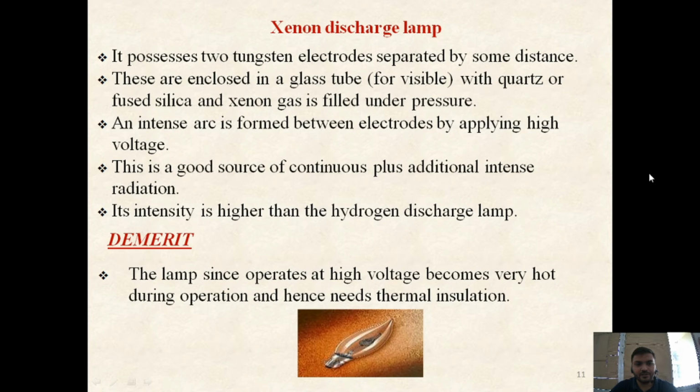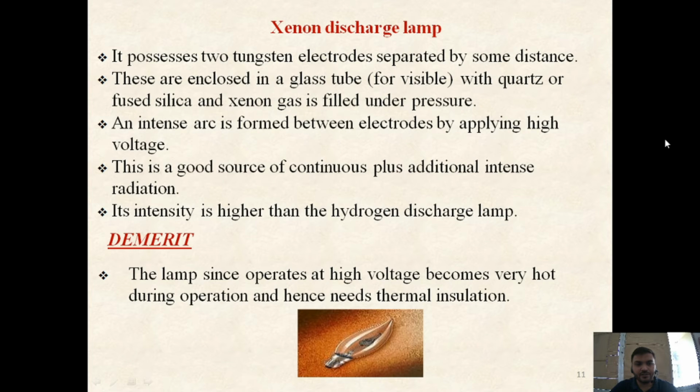Xenon discharge lamp. It possesses two tungsten electrodes separated by some distance. These are enclosed in a glass tube for visible with quartz or fused silica, and xenon gas is filled under pressure. An intense arc is formed between the electrodes by applying high voltage.